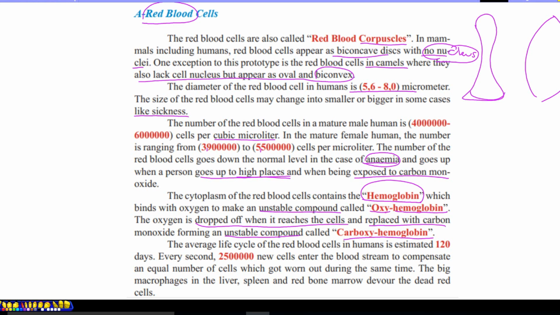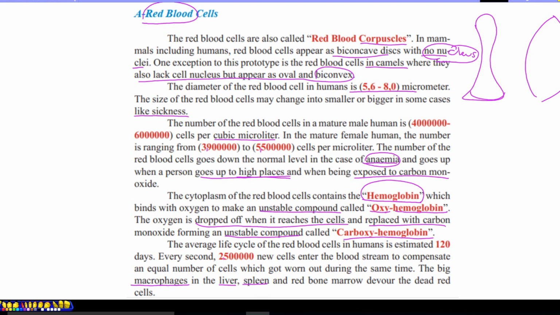Every second, 2.5 million new cells enter the bloodstream to compensate for an equal number that has worn out during the same time, meaning each second 2.5 million cells are broken down and new cells are produced. The big macrophages, which we studied, are cells from connective tissue that have the ability of phagocytosis.